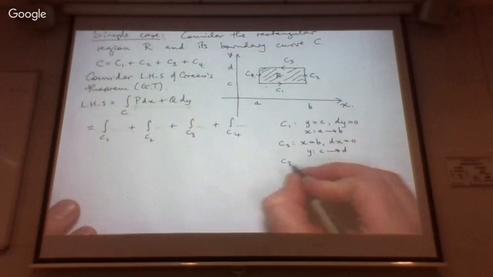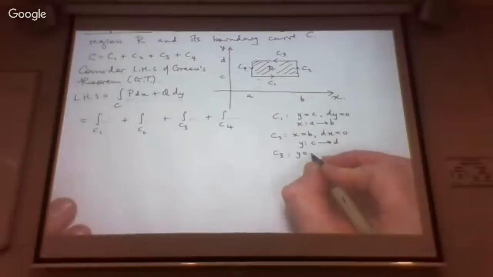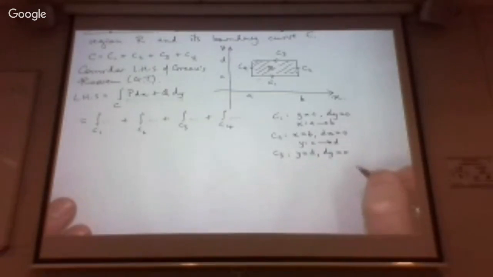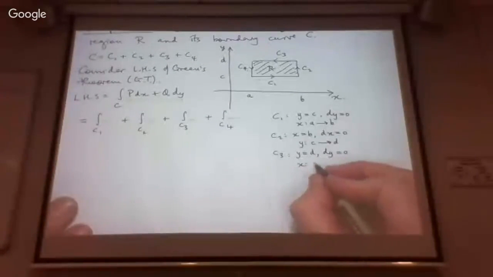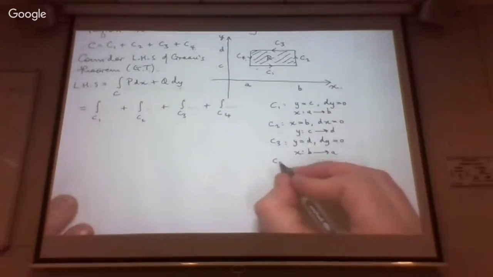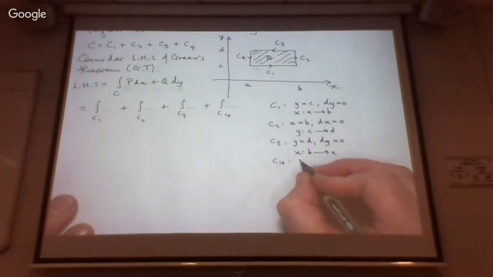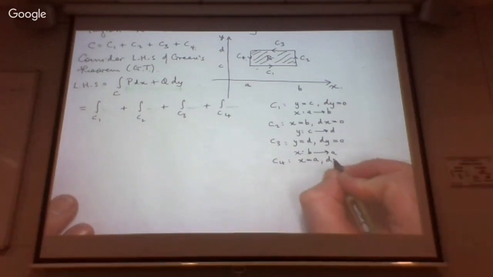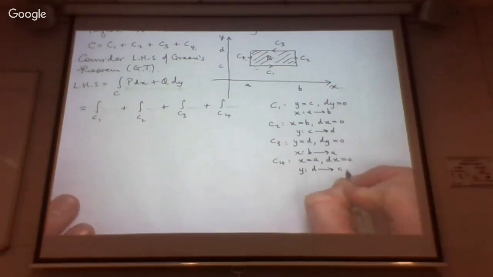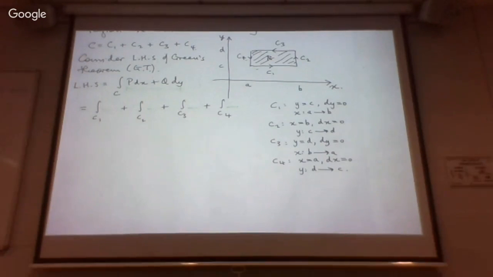Along C3, y is now fixed at d. Again, dy is 0, so it's not changing, and x now begins at b and goes down to a. And along C4, finally, x is fixed at a, dx is 0, and y begins at d and goes down to c. So it's very easy to understand exactly what's happening with x and y on each of the four sides.